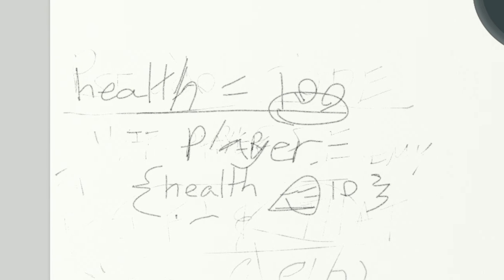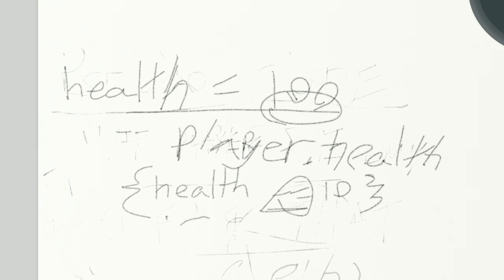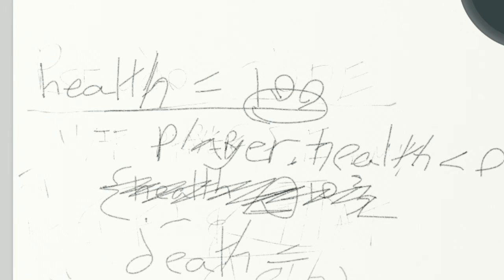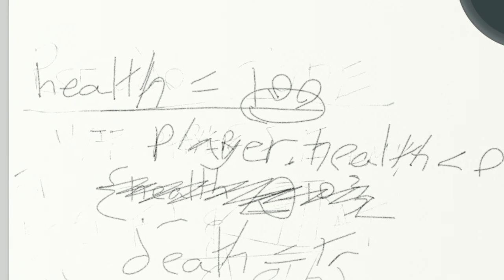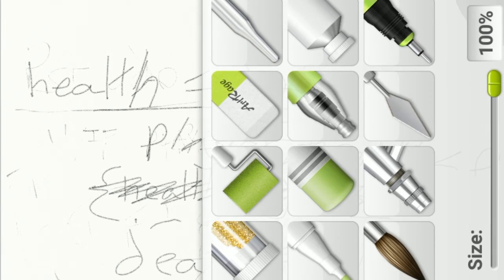But then we'd have to add code after that: if player, which would be another variable, dot health is less than 0, we'll just ignore this, I don't feel like whipping out the eraser, then death equals true, because you died.